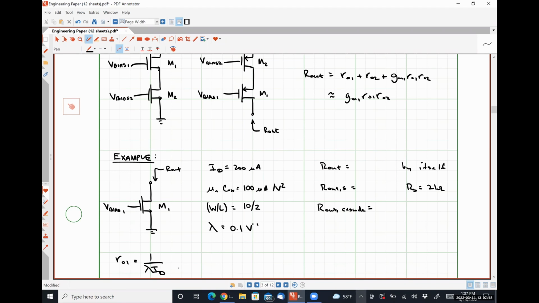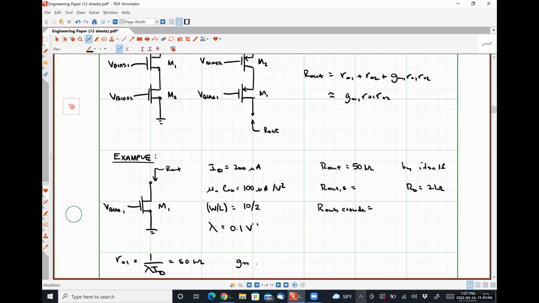Somebody throw that into a calculator and tell me what we get. 50 kilo ohms. Wonderful. Okay. I agree with that wholeheartedly. Now let's see what happens when we include a 2 kilo ohm degeneration resistance. So I'm just going to write this as 50 kilo ohms.